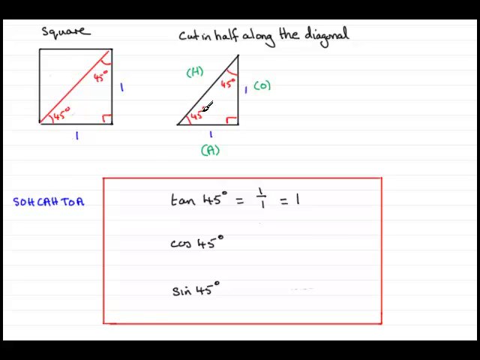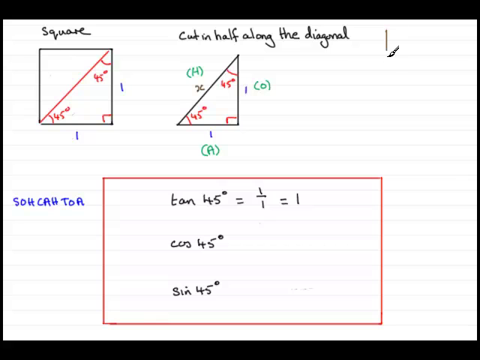Now when it comes to the cosine of 45 degrees, cosine compares adjacent with hypotenuse. So if we're using this 45 degrees, the adjacent side would be the 1, but unfortunately we haven't got the hypotenuse. So what is that going to be? Well, if we were to call this x, we can work it out through Pythagoras' theorem, because we know two sides of the triangle and we're trying to work out the hypotenuse.